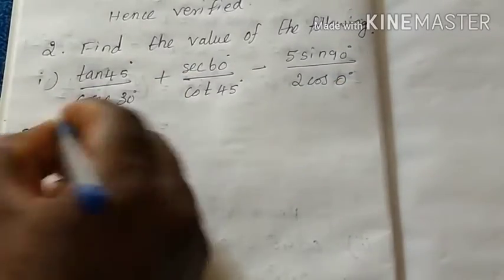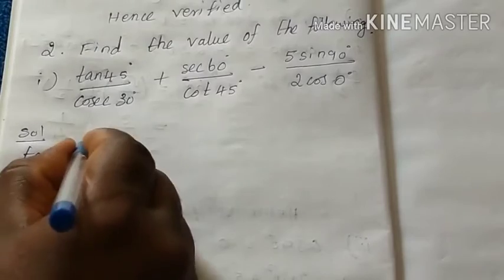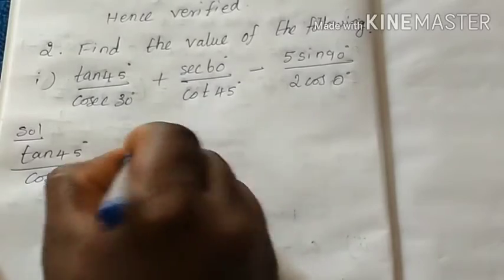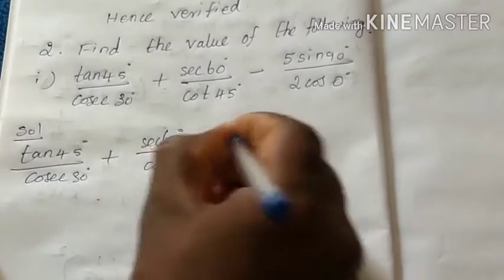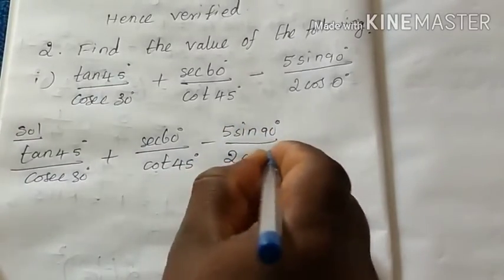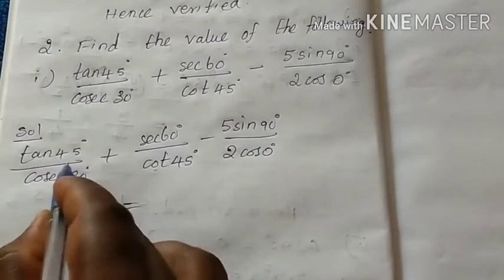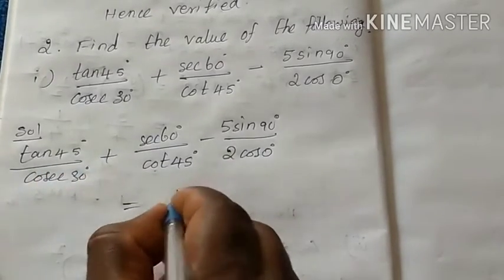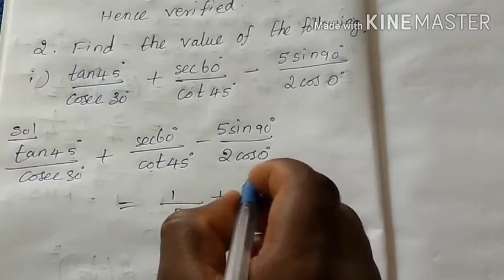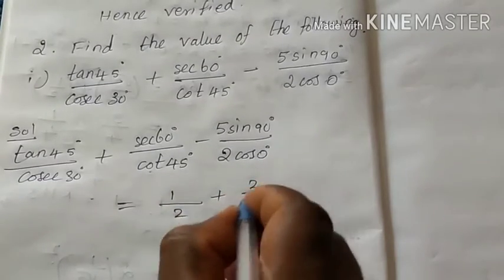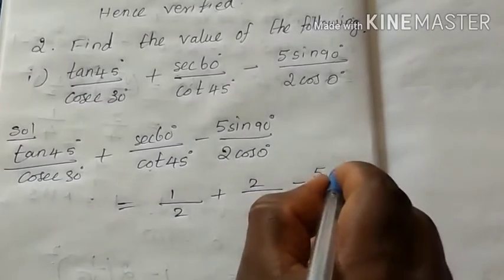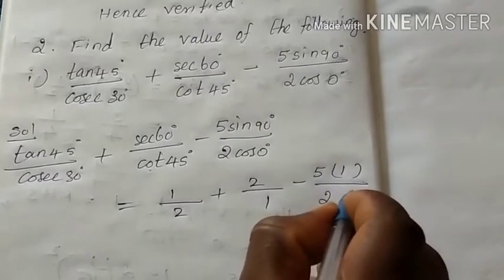Okay, the solution, which is equal to tan 45 degree value is 1 divided by cosecant 30 degree is 2 plus secant 60 degree is 2 divided by cot 45 degree value is 1 minus 5 into sin 90 degree value is 1 divided by 2 into cos 0 value is 1.